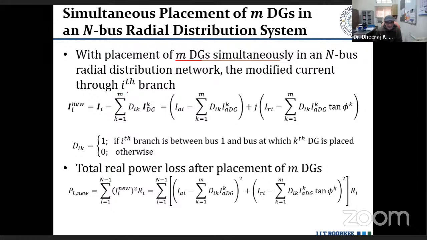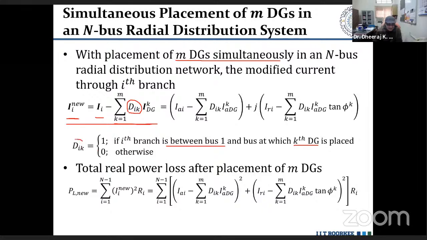The modified current through branch i is the previous current minus the currents through the different DGs, with a factor or variable that accounts for whether the ith branch is affected or not. It is 1 if the ith branch is between bus number 1, the substation bus, and the bus at which the kth DG is placed.